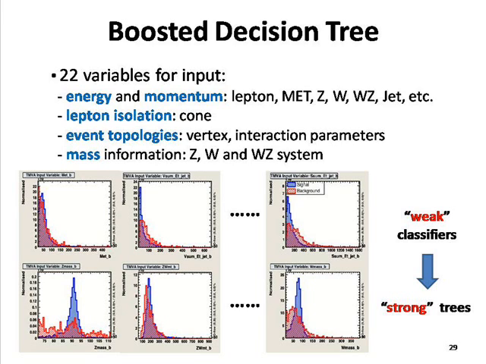If you see the plots on the bottom, most of the variables are not that powerful. They're just weak classifiers. So what the BDT wants to do is combine these weak classifiers into a strong tree.